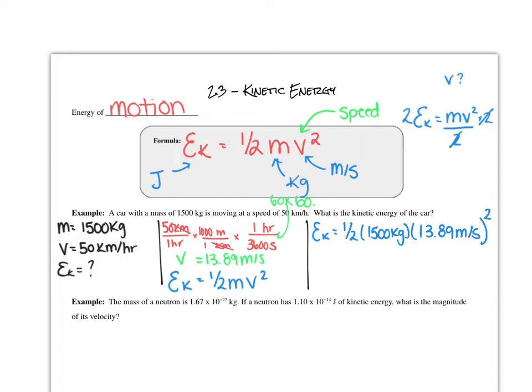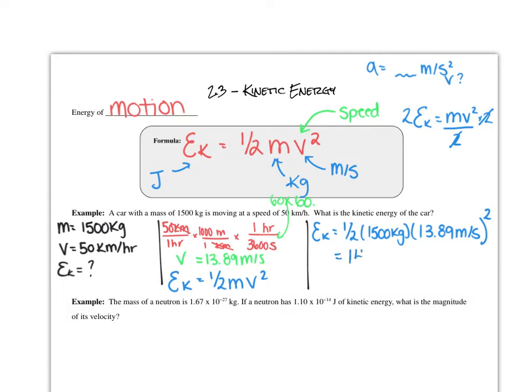And now we are going to square that number. This is different than the acceleration units of meters per second squared. This square is applying to this whole number. It is not part of the unit. So we do need to square this in our calculator. So take a moment, enter that in your calculator. Again, don't forget the square.